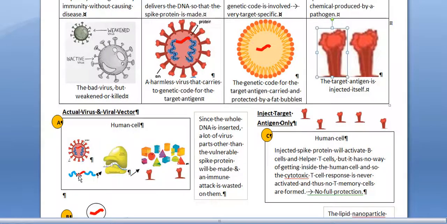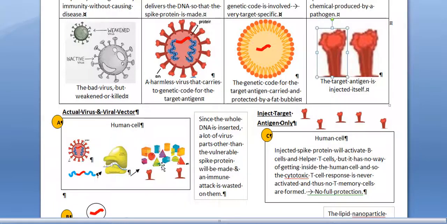Because you get the whole package of genetic material, it goes through the ribosome, and you make all the parts for a virus. Here's a spike protein, here's a spike, and these are also parts. I just use a picture of geometric shapes to show different parts.